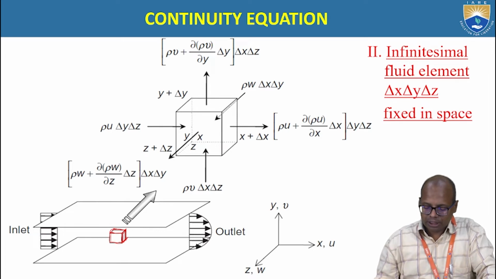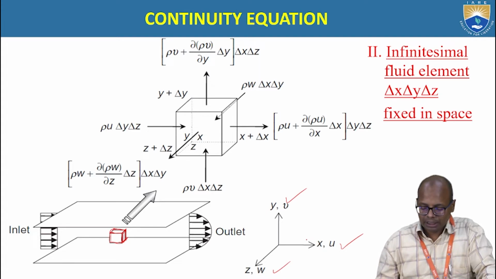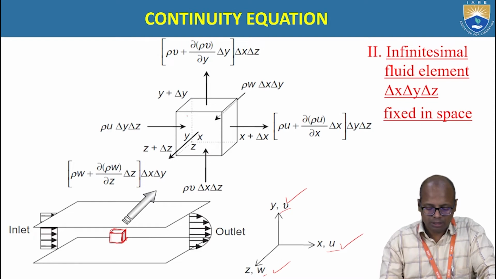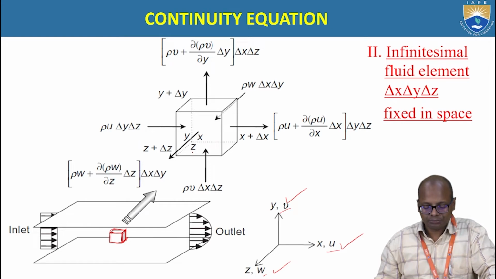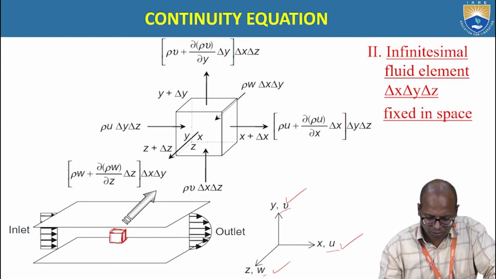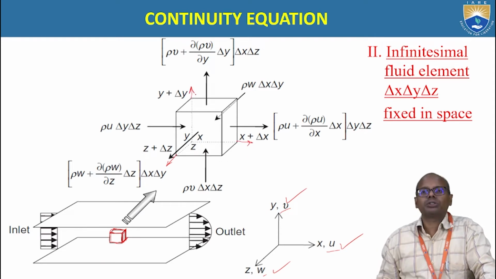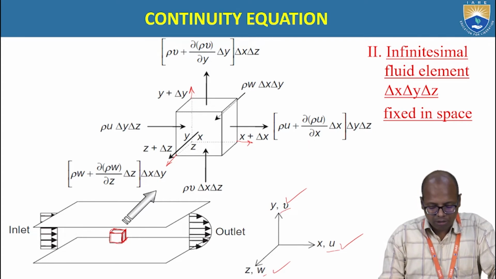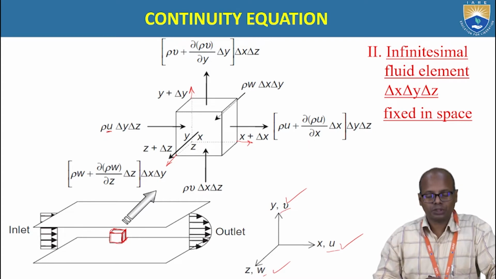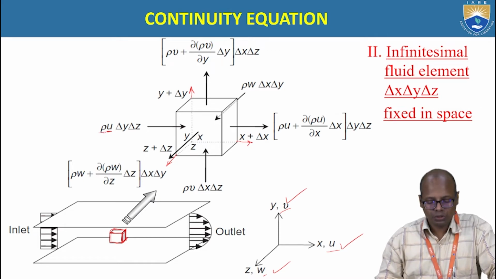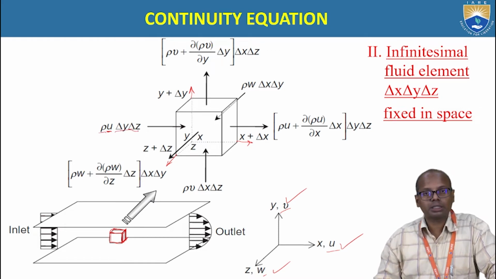Now here we have taken the Cartesian coordinates x, y, z. In x, y, z directions you have u, v, w velocity components, and on this small element we are writing the velocities. Okay. Now this is positive direction, this is positive direction, this is positive direction. The velocity is u, the density is rho, the area normal to it is, what is this area?